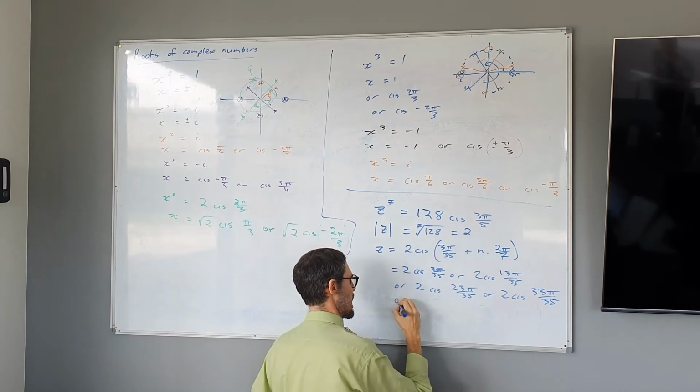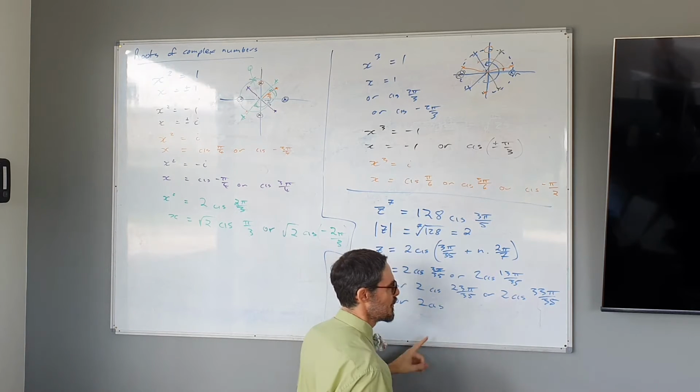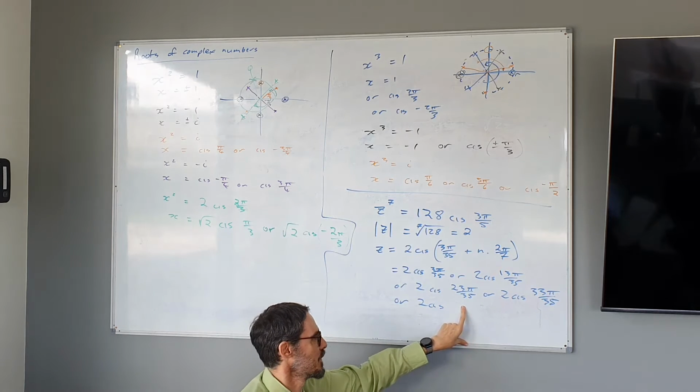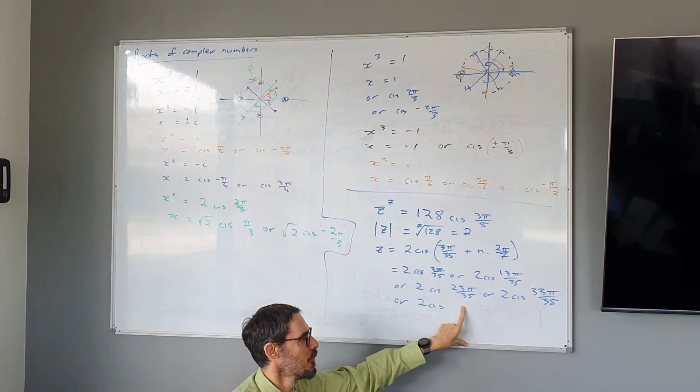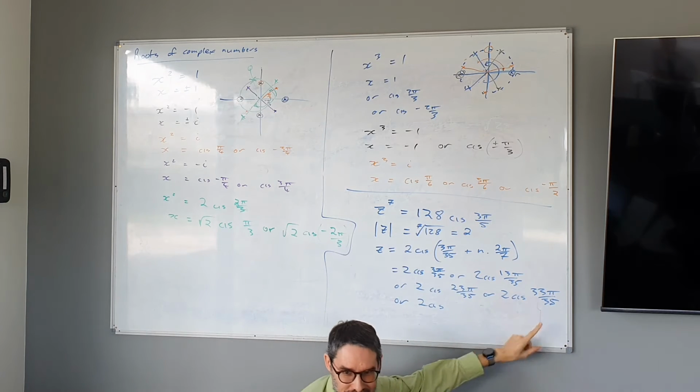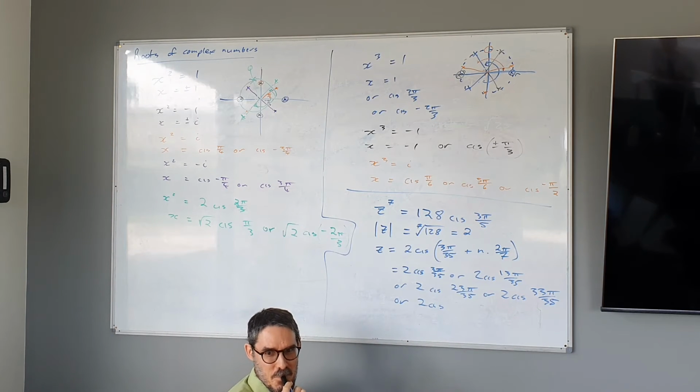What happens for the next solution? It's going to be 43, minus 70. Well, 2 pi.